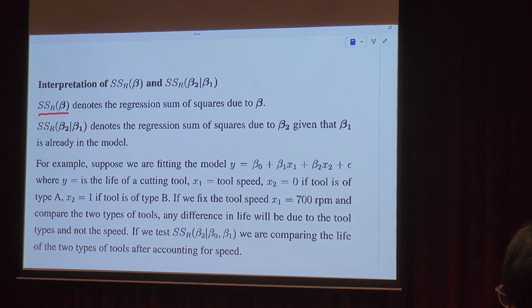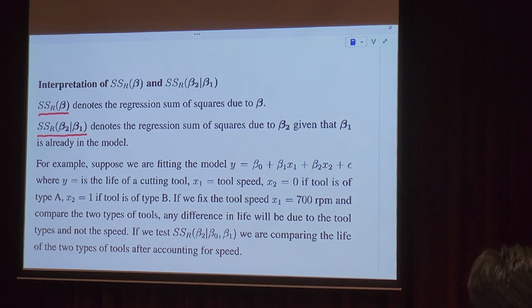Now what about this? What is SSR beta 2 given beta 1? This is what I want you to know today. This is called the regression sum of squares due to beta 2, given that beta 1 is already in the model.